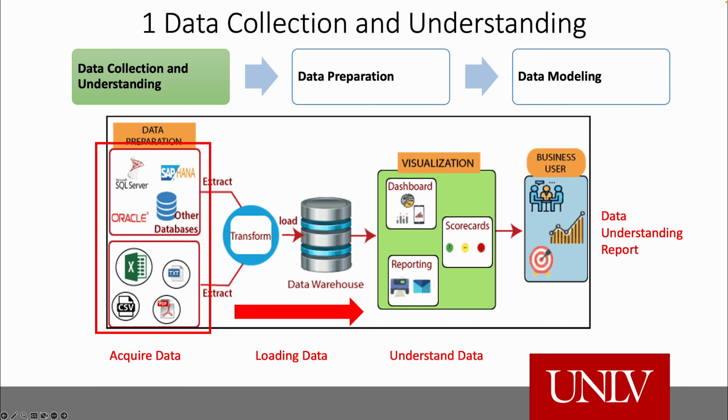At the data collection and understanding stage, organizations often face fragmented sources, like customer data in a CRM, sales transactions in an ERP system, and marketing engagement tracked by third-party tools. Each source might use different formats, naming conventions, or data standards.